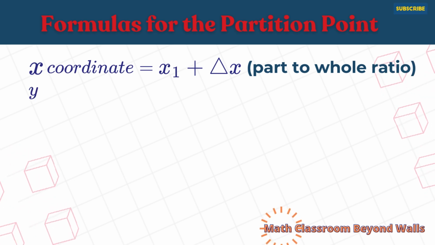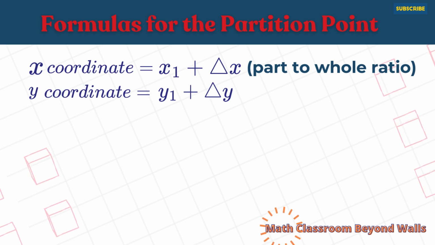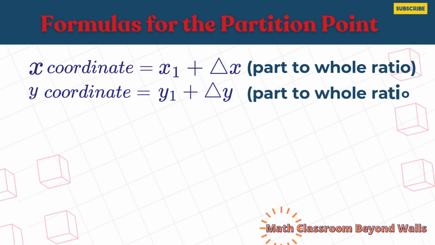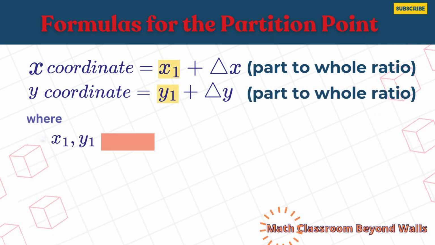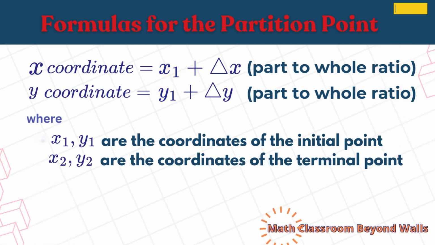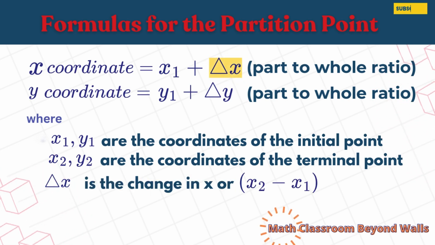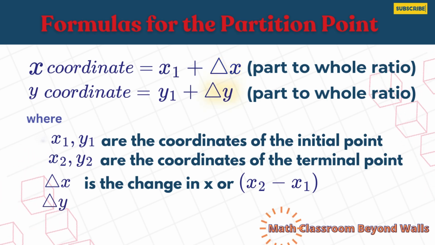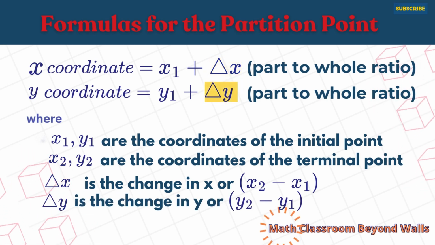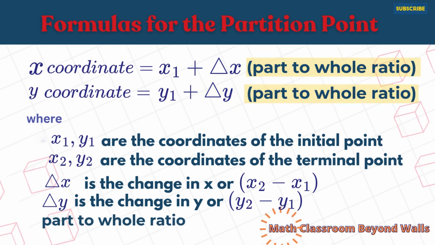For the y coordinate, we have y1 plus change in y times part-to-whole ratio, where x1, y1 are the coordinates of the initial point, x2, y2 are the coordinates of the terminal point. Change in x is x2 minus x1. Change in y is y2 minus y1. And part-to-whole ratio, the ratio we just discussed earlier.